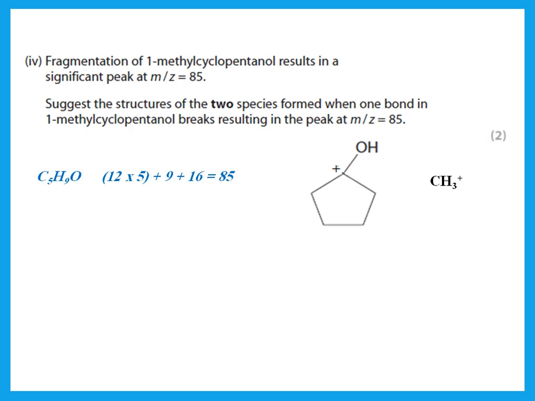So the part with the OH is now C5H9O. That is an M over Z of 85. And the other species, due to the breakup of that, is the CH3 plus. Remember that any species that you talk about when we're talking about mass spectrum must have a positive sign because all of these are positive ions in the mass spectrum.